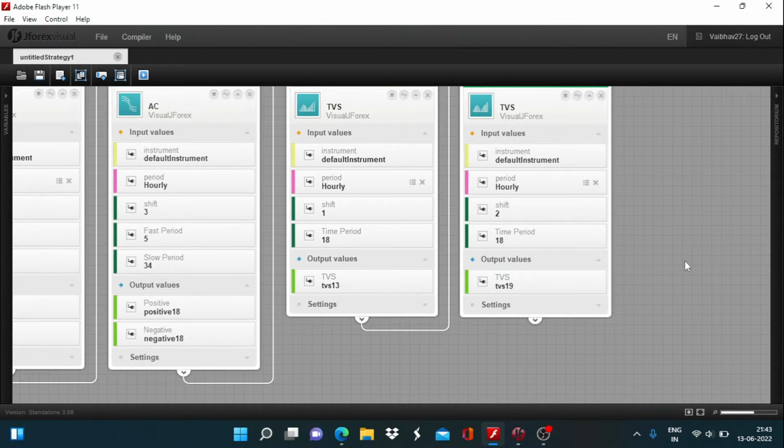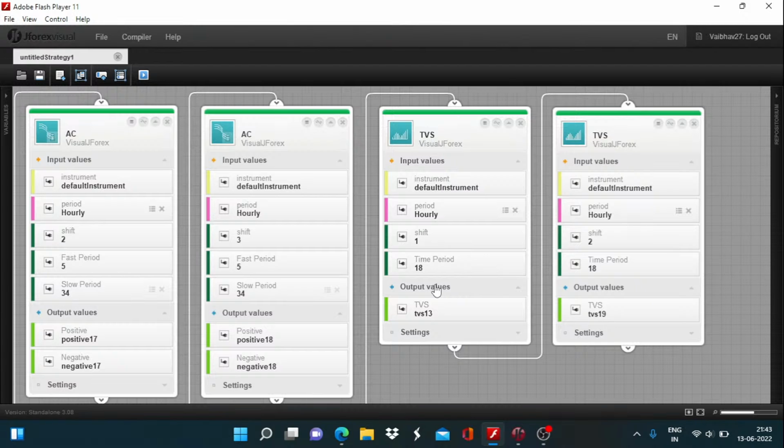Alright, and these other parameters remain with the default setup.